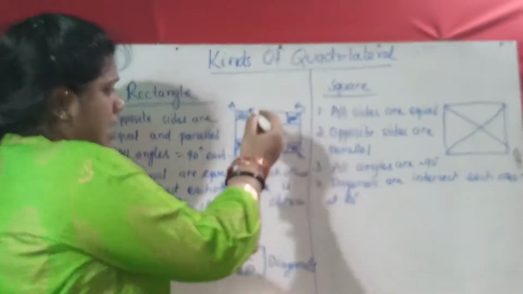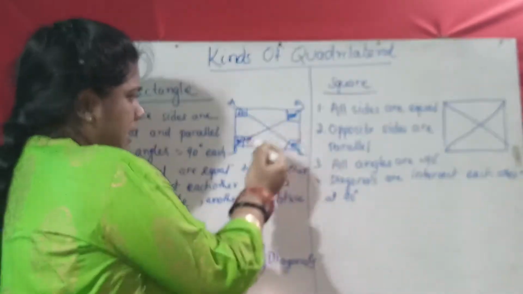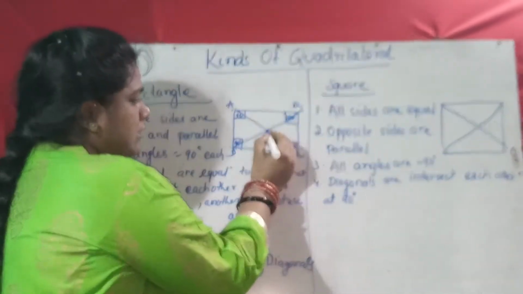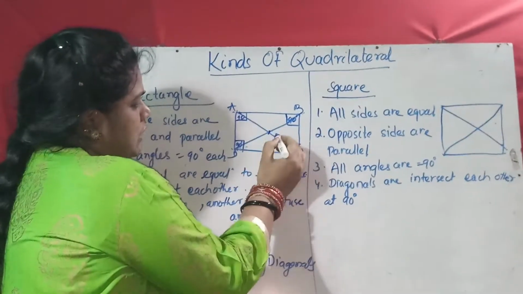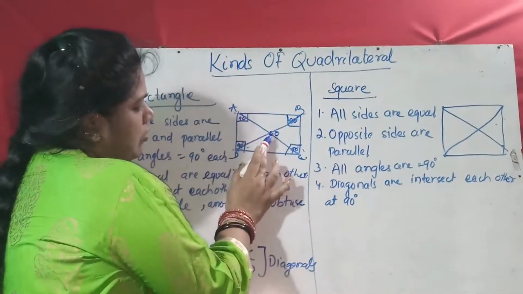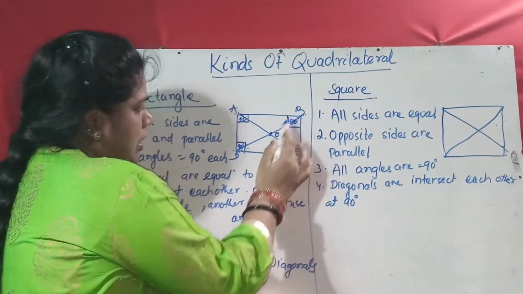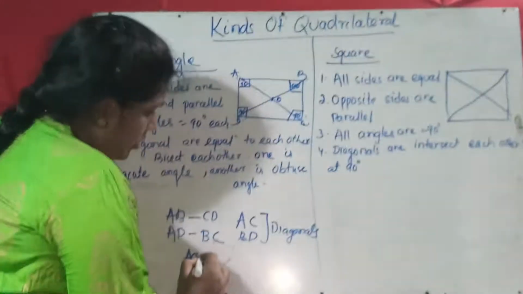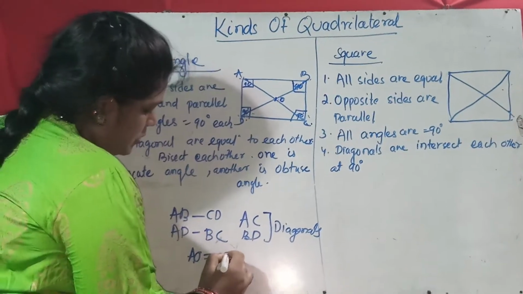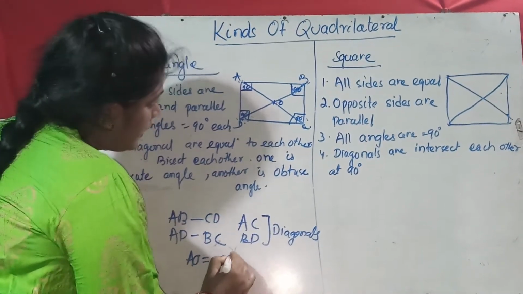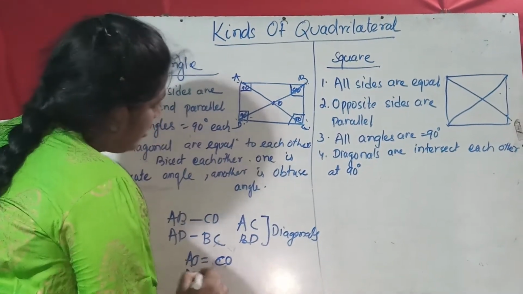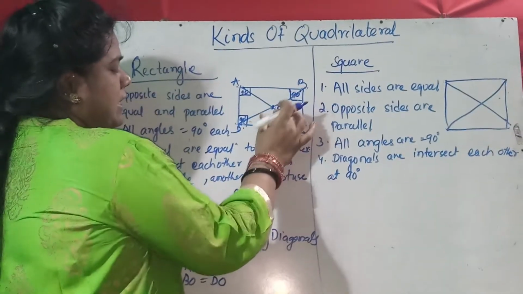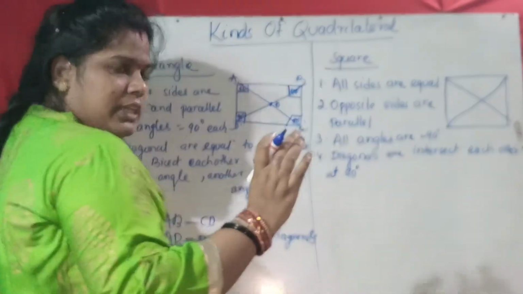Bisect means suppose the intersection is O, then AO equals OC, and BO equals OD. That means they bisect each other, they divide each other into equal lengths.